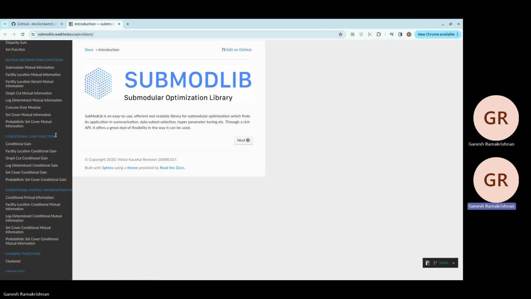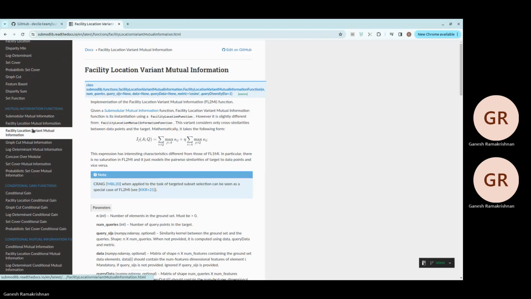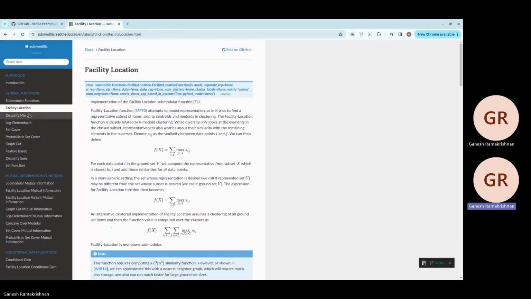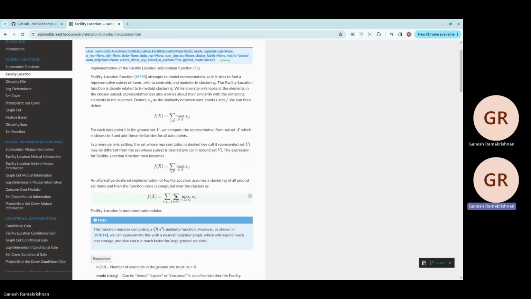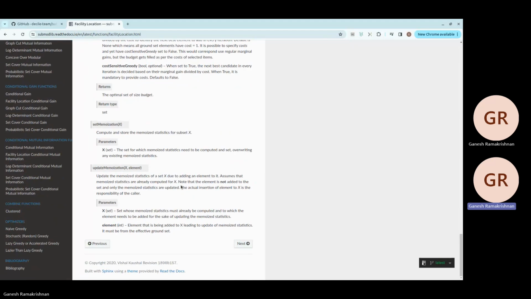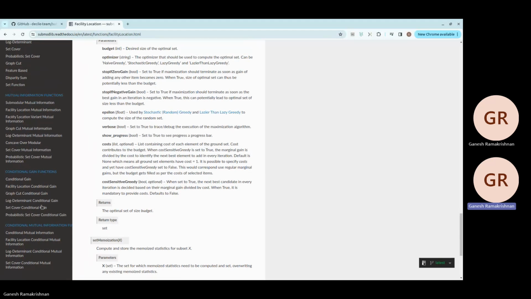So you can basically run through any of these. What we were just now seeing is the raw facility location function. Each of these functions, facility location exists there, but it also has a mutual information version. And that's what functions submodlib provides. There are many optimization algorithms implemented there and so on.